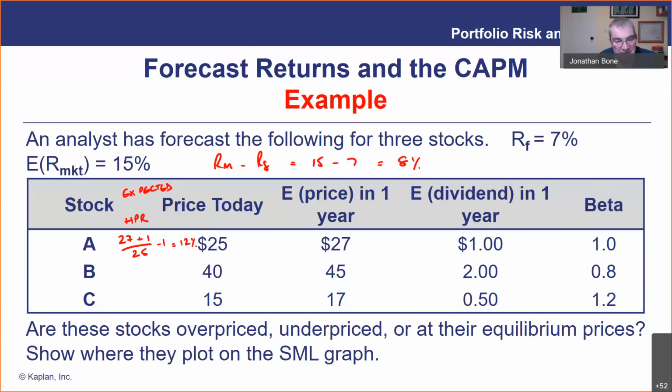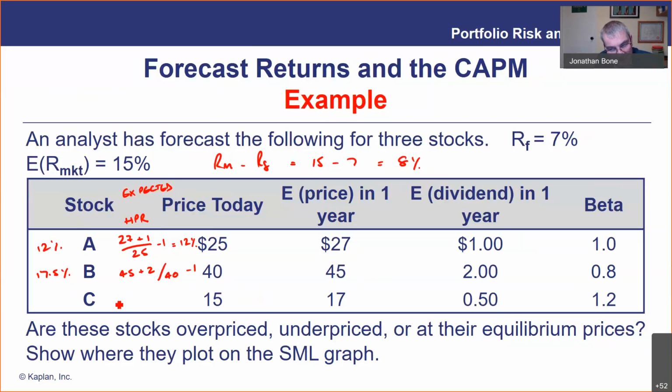Let's do the same for stock B. 40, oops, sorry, that's the price today. 45 plus 2 over 40, and then I'm going to subtract 1. So 47 divided by 40 minus 1. So this has a 17.5% expected return. This one was 12%, as we saw.